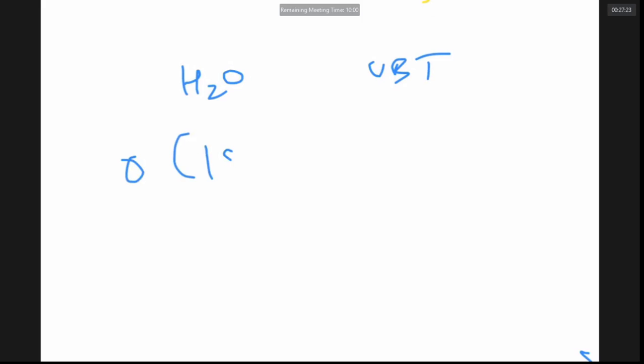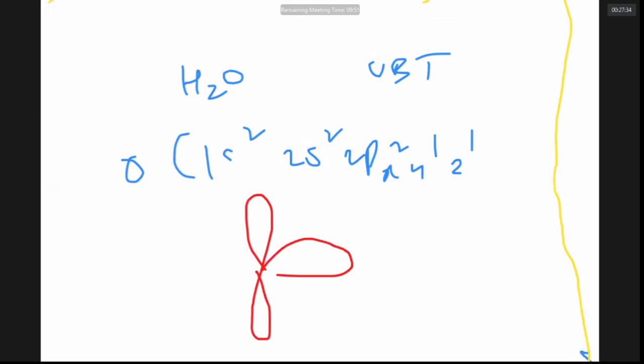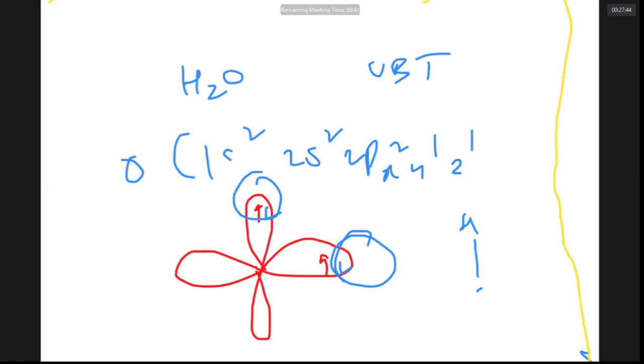Let us look at the formation of water using VBT. Oxygen is the central atom whose configuration is 1s2, 2s2, 2px2, 2py1, 2pz1. So the 2py orbital and 2pz orbital of oxygen have unpaired electrons. When they overlap with the hydrogen s orbitals, you get H2O. It is a sigma sp bond.